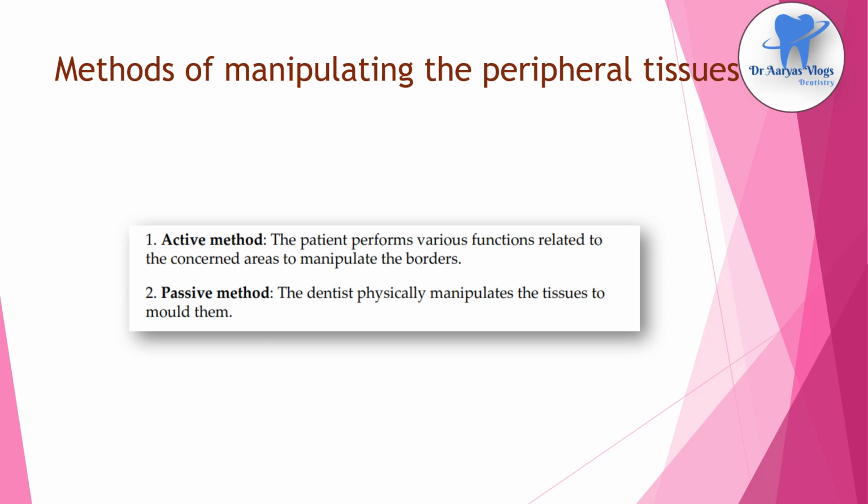There are mainly two methods for manipulating the peripheral tissues: active method and passive method. What is the active method? Here the patient performs various functions related to the concerned areas to manipulate the borders. And the passive method is where the dentist physically manipulates the tissues to mold them. That is active and passive.